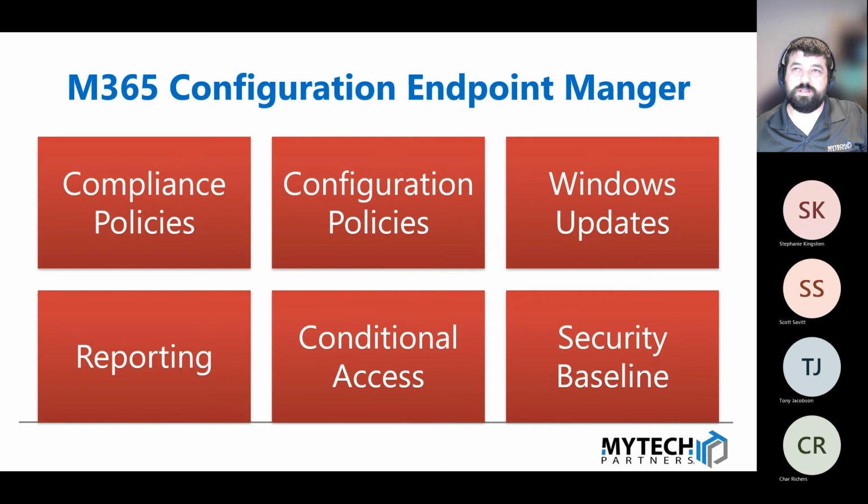So you can do update rings to allow you to push updates out at certain time frames, delay updates, pieces like that. You can set it to push out the twice a year update, the really major update changes. You can push those out, and also just the common monthly updates that they put out.